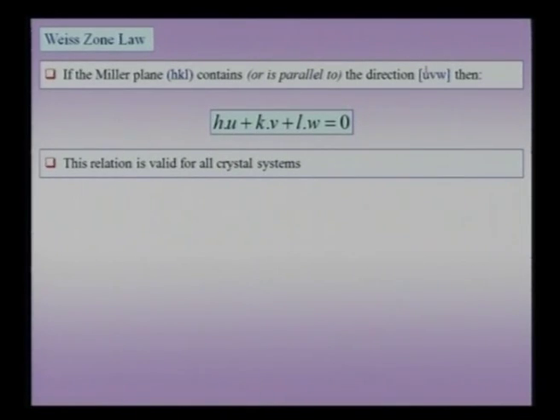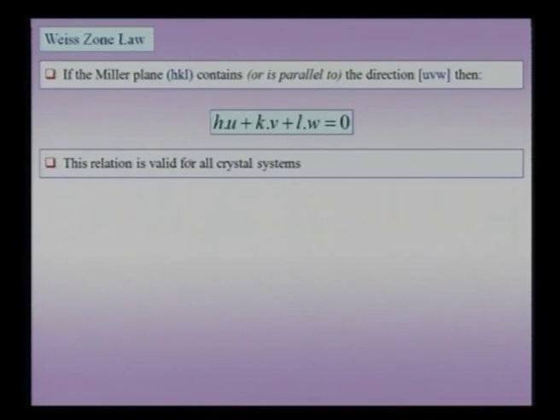Then if this direction lies in this plane, then HU plus KV plus LW is equal to 0. And of course when I say lies, you know that the direction can always be translated parallel to itself, and therefore the condition would still hold good. The important thing is that this relation is valid for all crystal systems.